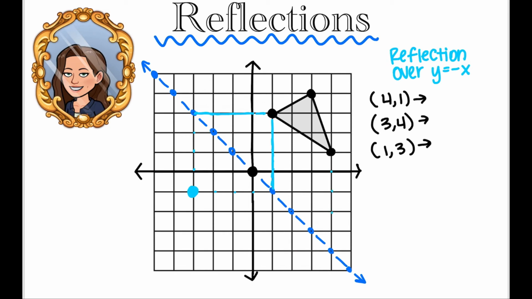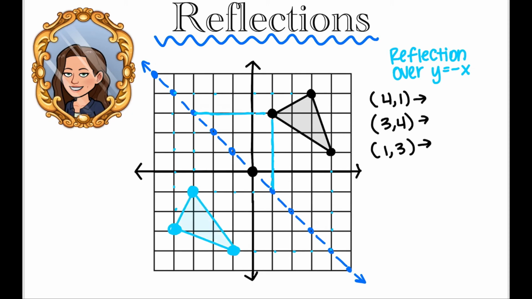Okay, so let's see. If I go down from the next point, 1, 2, 3, 4, 5, then I'd go left 1, 2, 3, 4, 5, and we'll repeat that process. From the top point, I'll go left first, 1, 2, 3, 4, 5, 6, 7, and go down 7. 1, 2, 3, 4, 5, 6, 7.